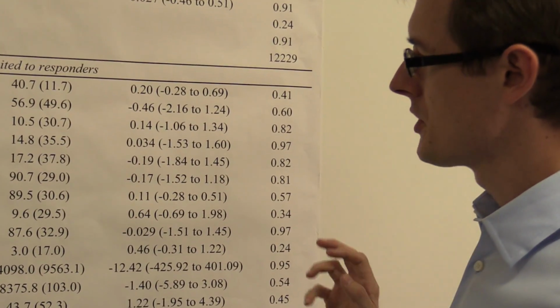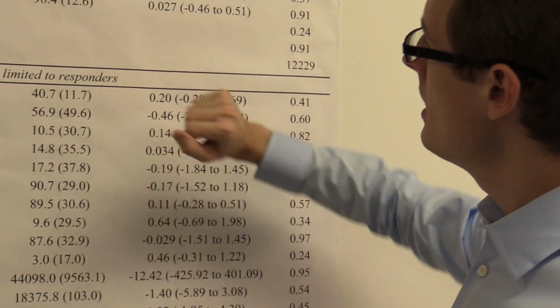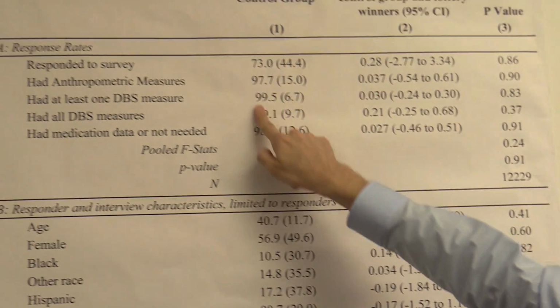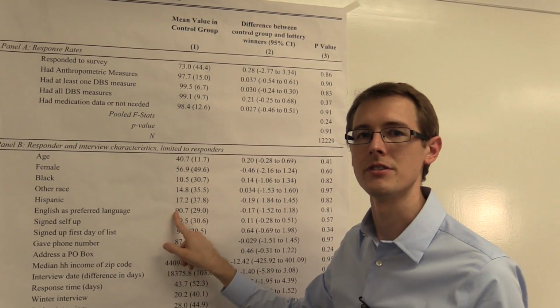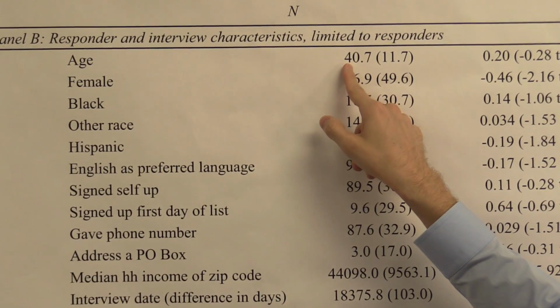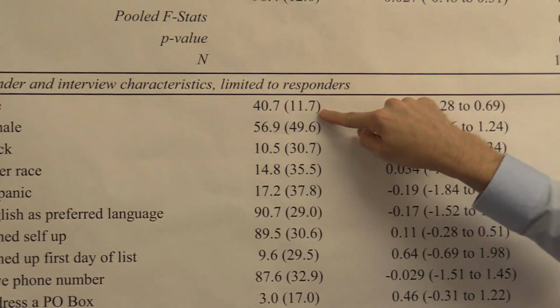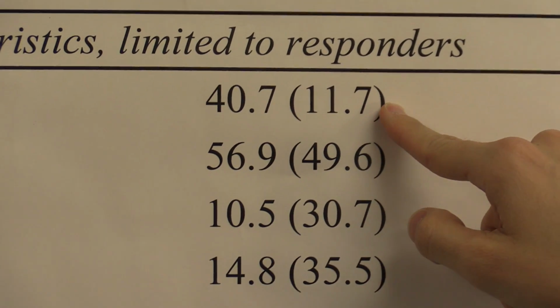Okay? So now I'm going to talk about some of the other numbers on this table. So here, these numbers are what are called the point estimates. Those are just the averages you compute. You get your data, you add up everybody's age, and you divide by the number of people. This number here in the parentheses is called the standard error.